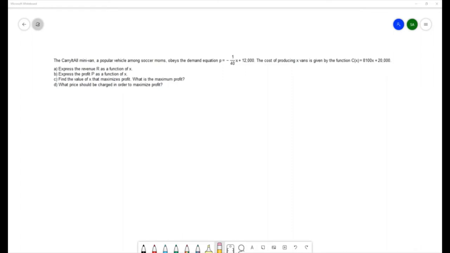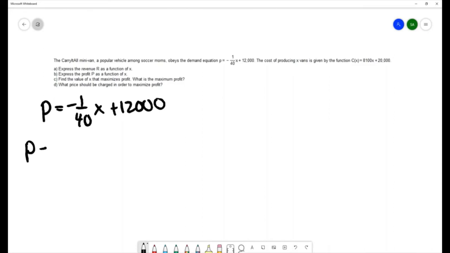And in this equation, we've got P equals negative 1/40th x plus 12,000. I want to make sure you know what those variables stand for. The P in this formula is for price, and the x is number of units.